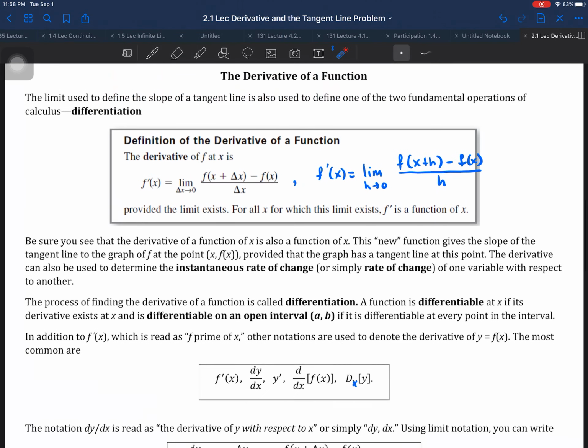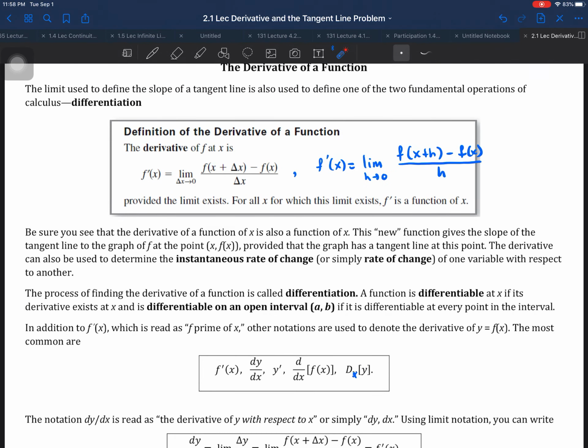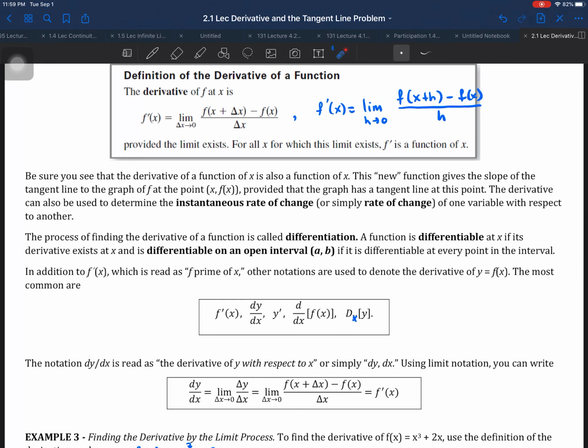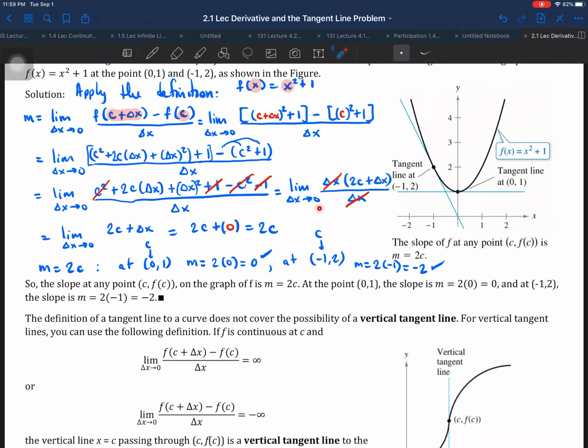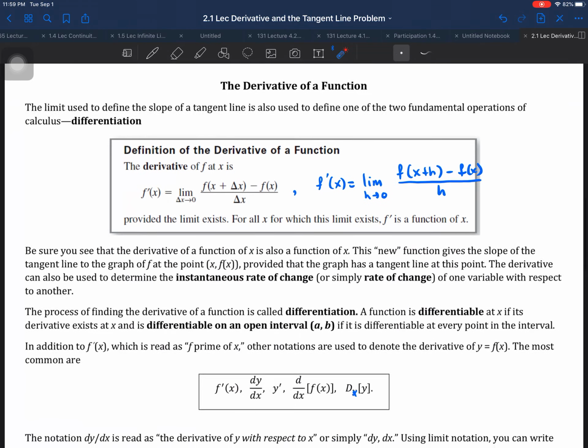Let me go back up here because I wrote another formula. This formula is a little bit more preferred, at least for me. It's the same formula, but instead of writing delta x, sometimes I get too tired of writing delta x all the time, so I just write h. Actually, a lot of books will do that. So this is your delta x, this is your delta x, that's your delta x. It's the same steps, same strategy as you've done before.